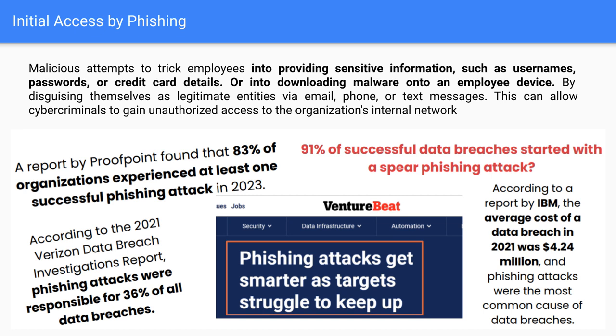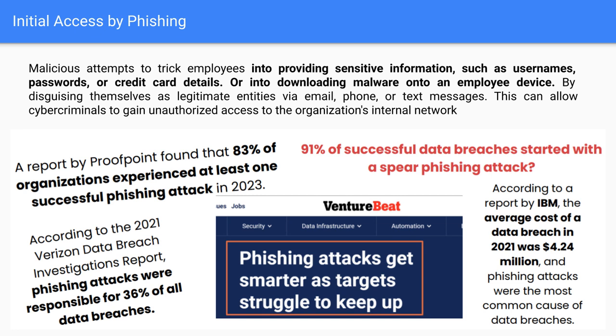In this case, the adversary sends an email to a victim and tries to trick them using social engineering into doing one of two things. The first is clicking a link for a fake web page in order to trick the victim into entering their information, and the adversary will have the information.